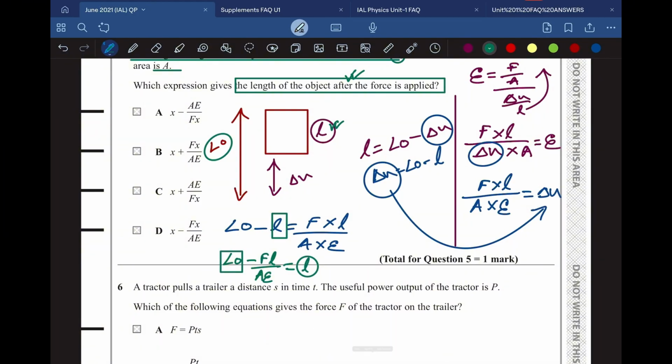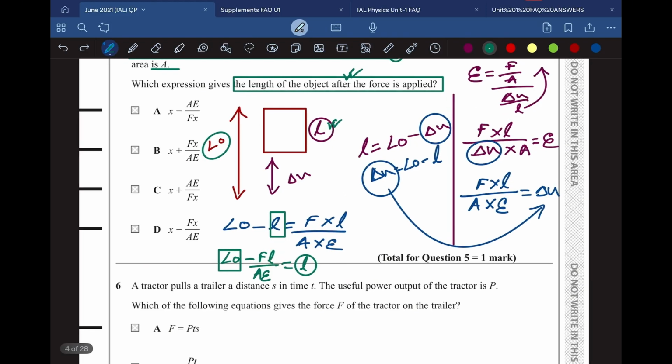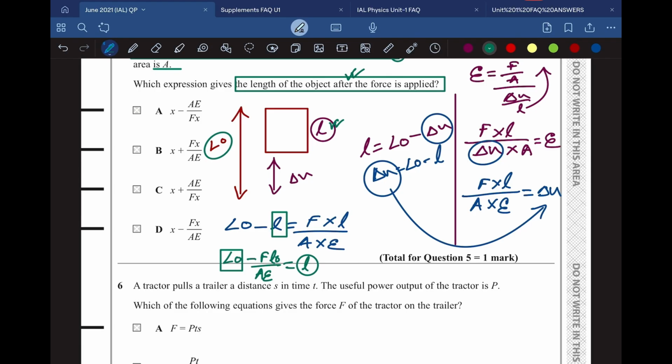And rather than writing this as L, we can also write it down as L naught, because this L is this L, right? So this was del x by L, which means change in length divided by original length. So it can be written as L naught as well. So we can write this down as L naught, right? This is also our L naught, or the original length.